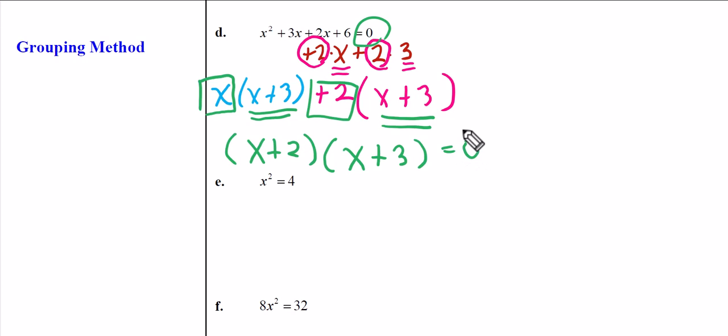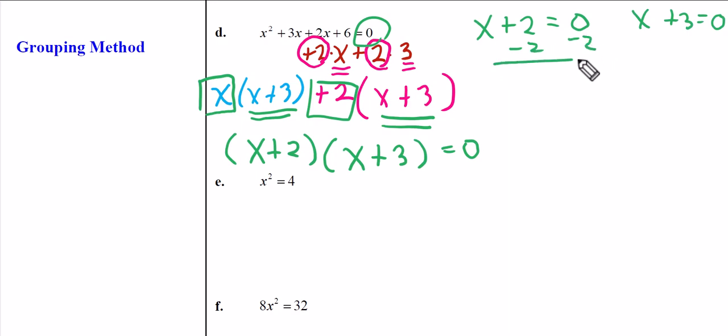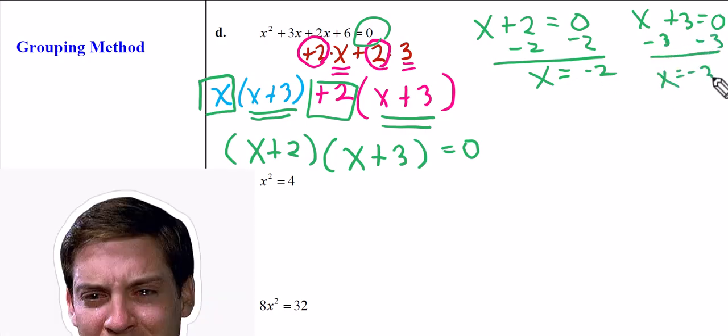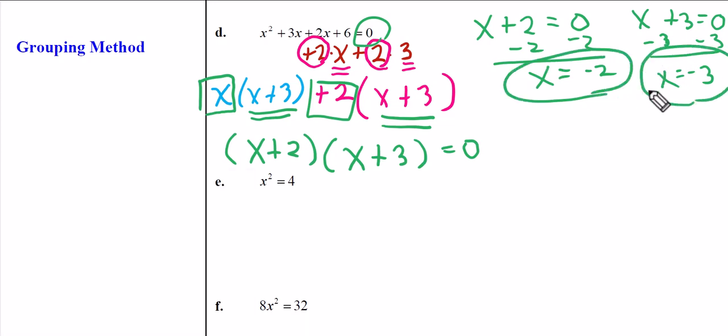And now we separate and solve. It being a quadratic, of course, we expect to get 2 answers at most. And so in this case, our 2 answers are -2 and -3.